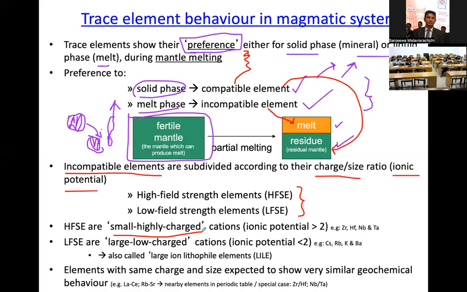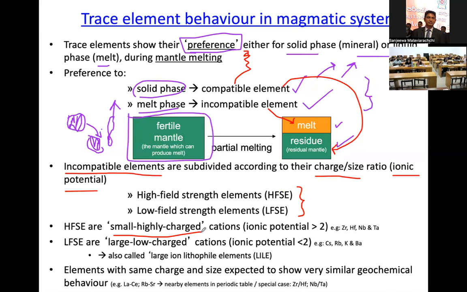So high field strength elements means small but highly charged. What do you mean by that? That means they are small in size, their ionic radius is small, but their valence is high. They are highly charged.